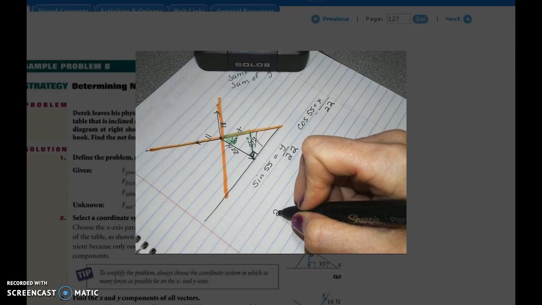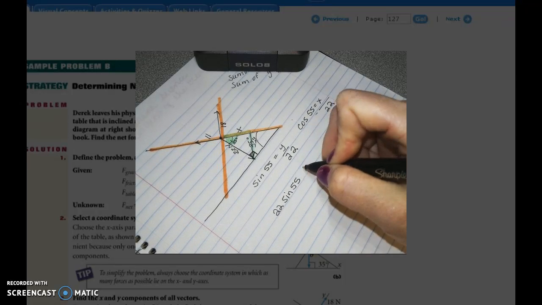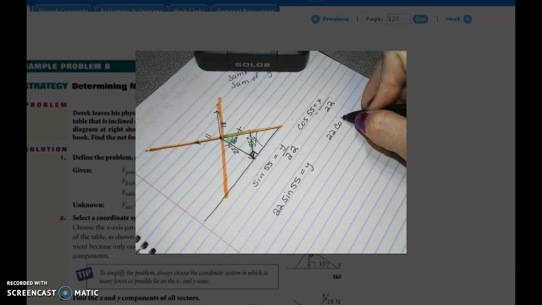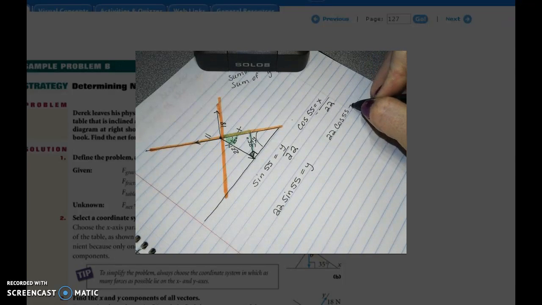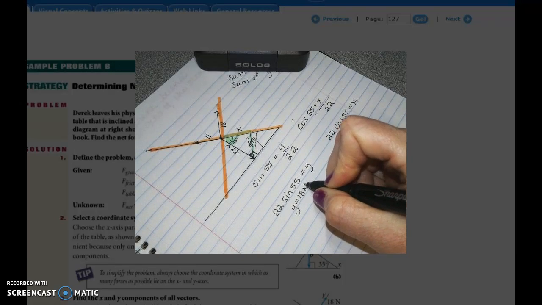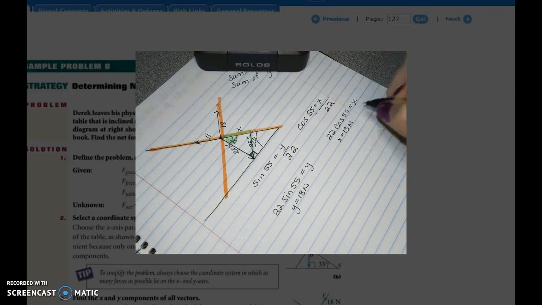Then we get 22 sine 55 equals y, and 22 cosine 55 equals x. When I do the math to solve for that, I end up with y equals 18 newtons and x equals 13 newtons, rounding to the nearest whole number.